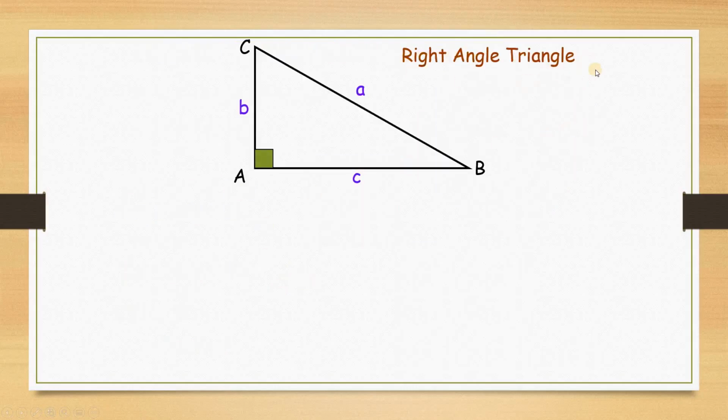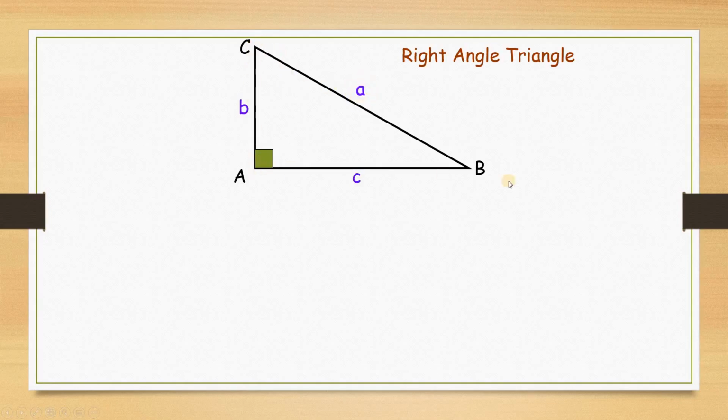So the right-angled triangle here is labeled ABC. This side, the longest side, is called the hypotenuse, and it's represented by A here.